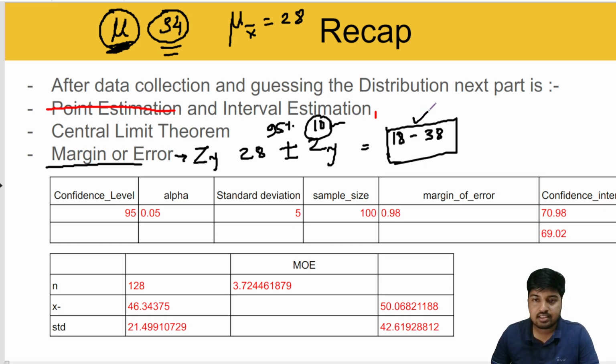So with 95% confidence, we have calculated the margin of error, which is 10. What does this range mean? With a 95% confidence interval, we have calculated this range. It means that suppose you take another sample. So this is our mu x bar 1.